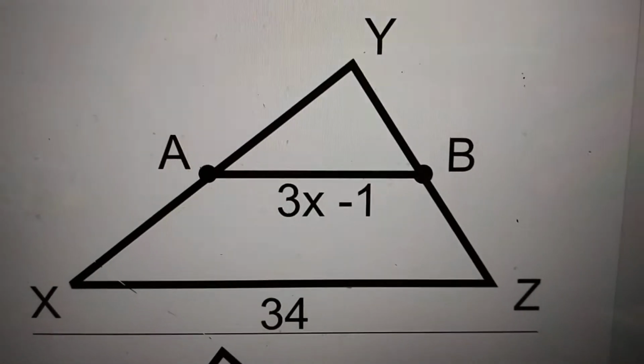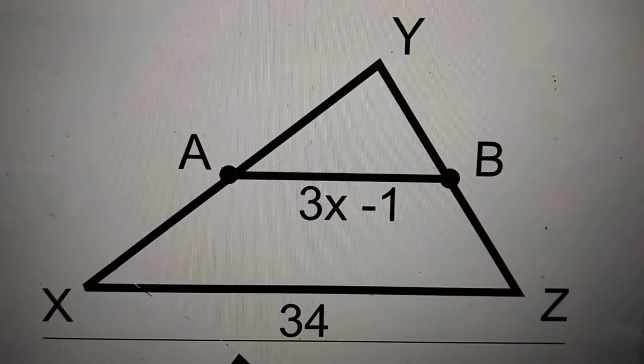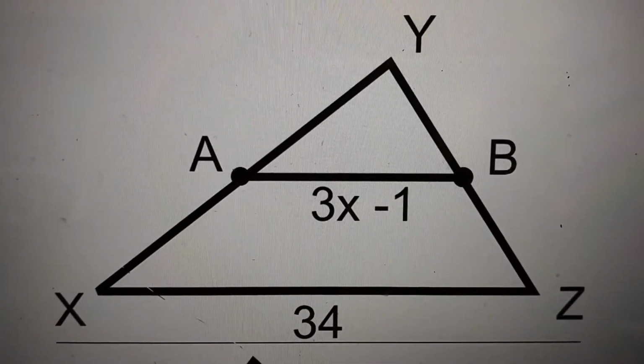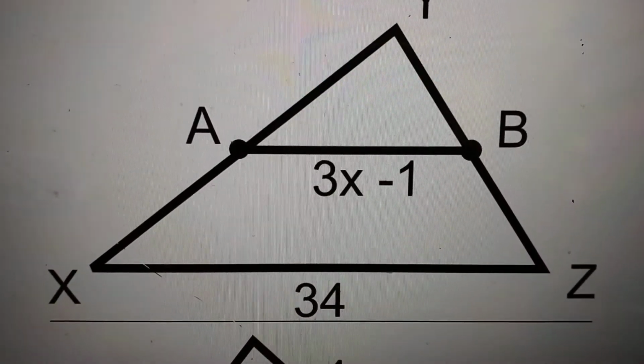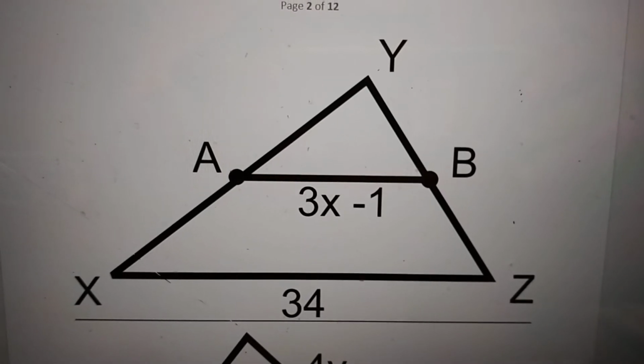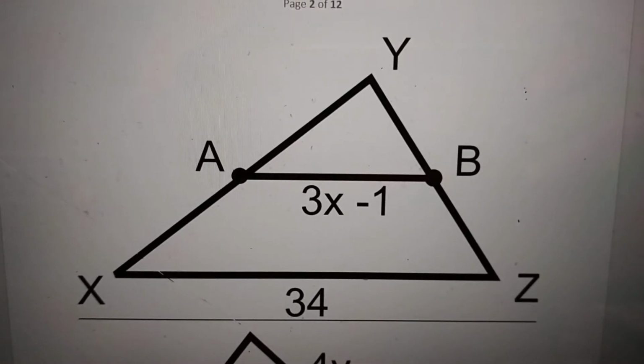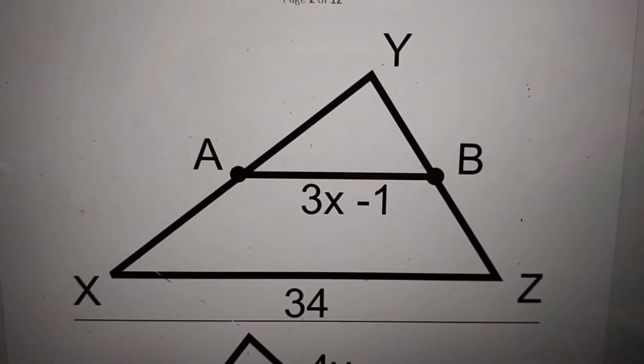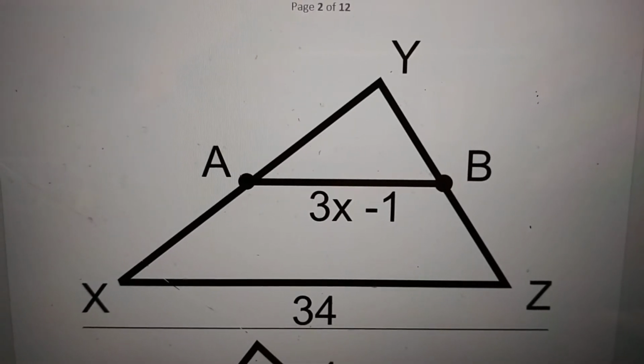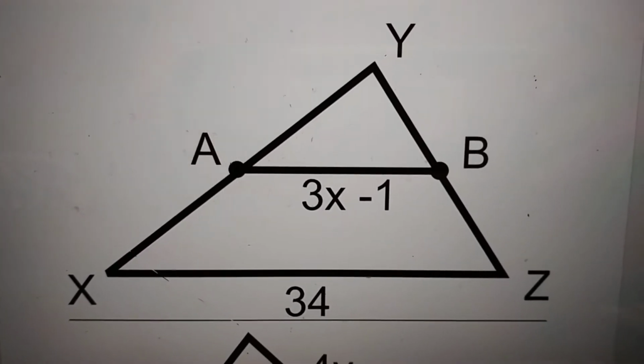Now here's one question related to the mid-segment theorem in which we are going to apply it. In this triangle XYZ, which is a bigger triangle, there is a smaller triangle as well, which is YAB. We have to find out the value of x.